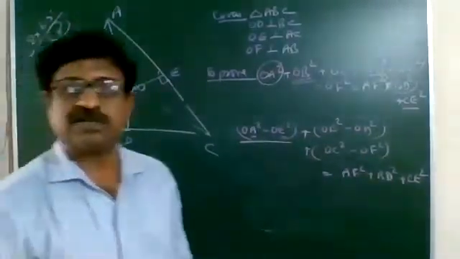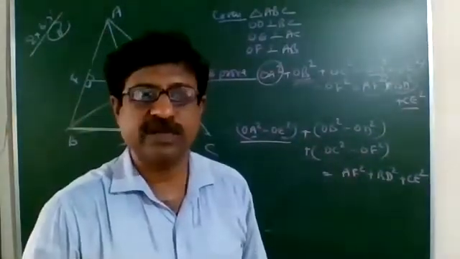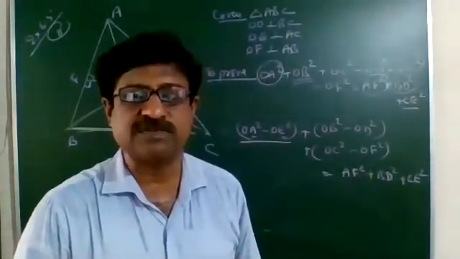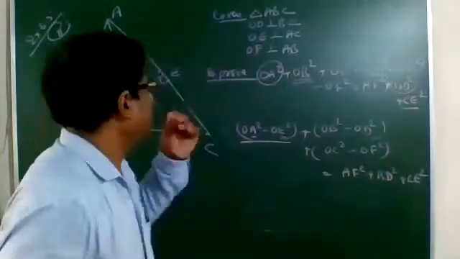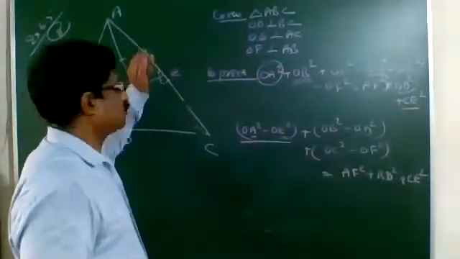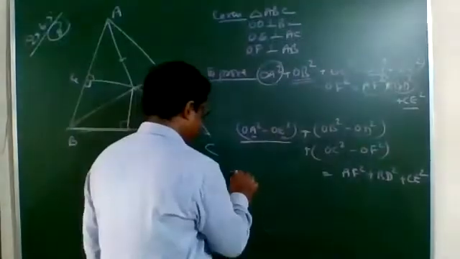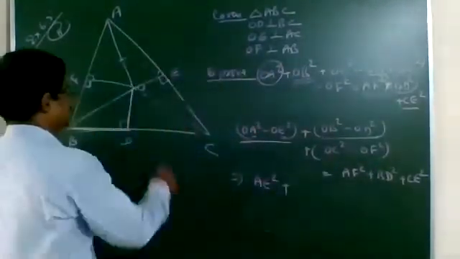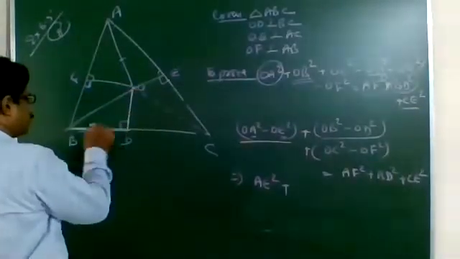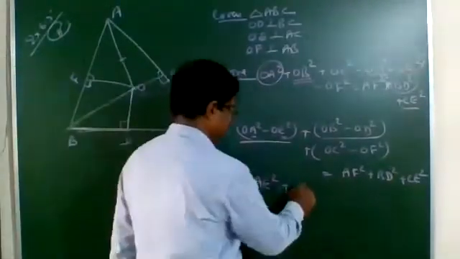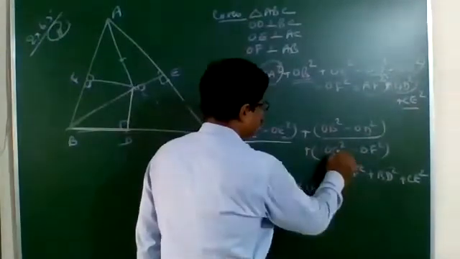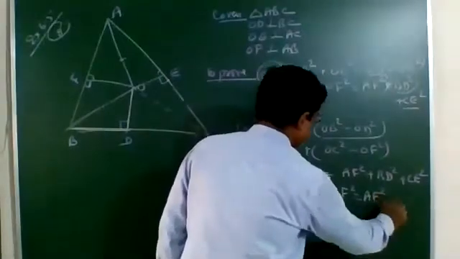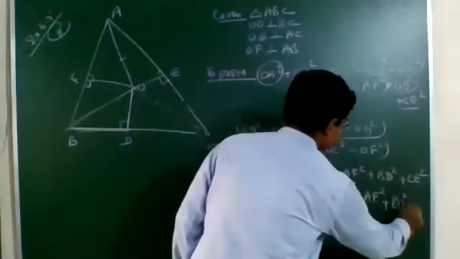We can write AE square. Because using Pythagoras theorem, square of hypotenuse is equal to sum of squares of other two sides. Therefore, OA square minus OE square can be written as AE square. We are writing here AE square plus OB square minus OD square; OB square minus OD square can be written as BD square. And OC square minus OF square, CF square. That is the second part of the question.